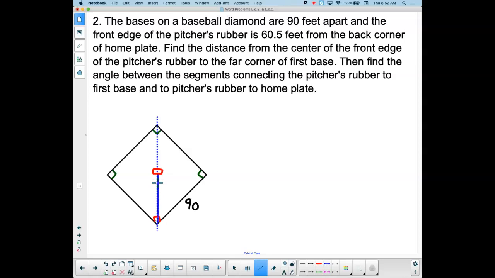So kind of just fill that in. It says what? That is 60.5. And from first to second, all of these.